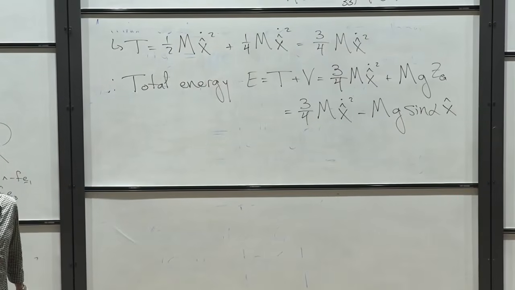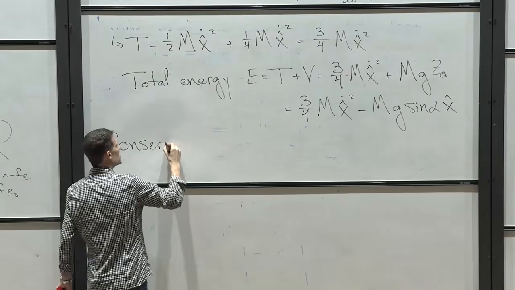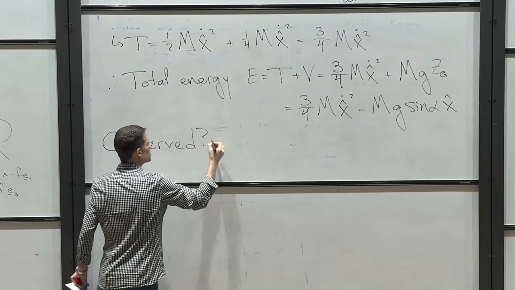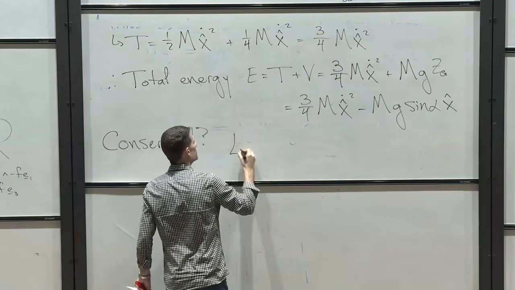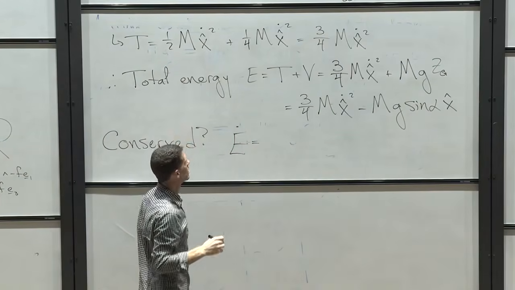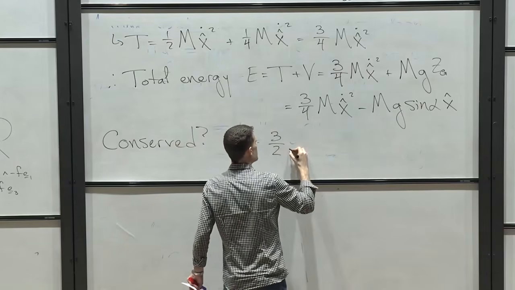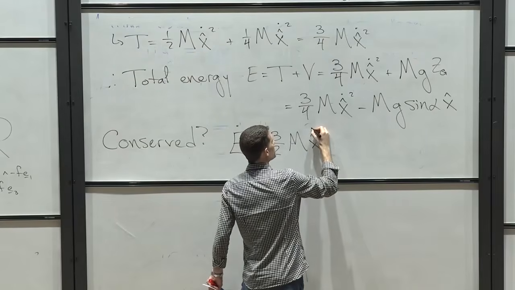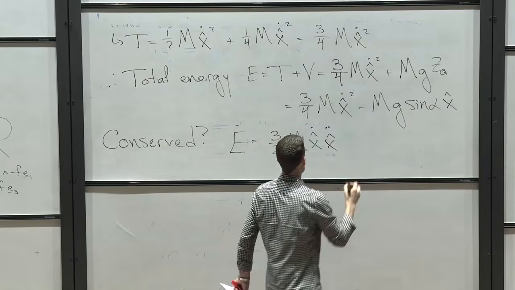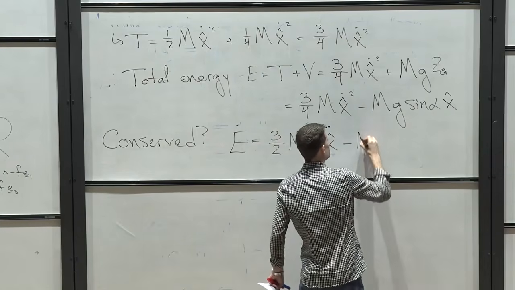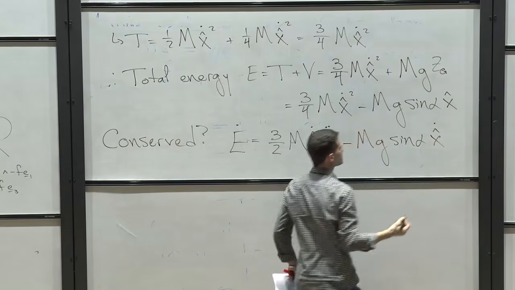And now we can check, is the energy conserved? So just take a d/dt of this total energy. We get 3/2 m x hat dot times x hat dot dot, and then minus mg sine alpha x hat dot.